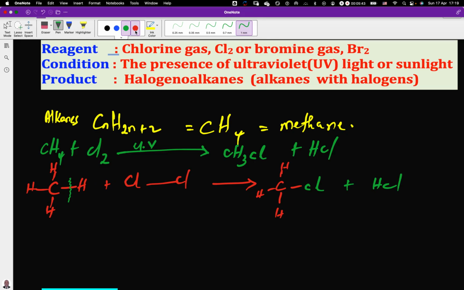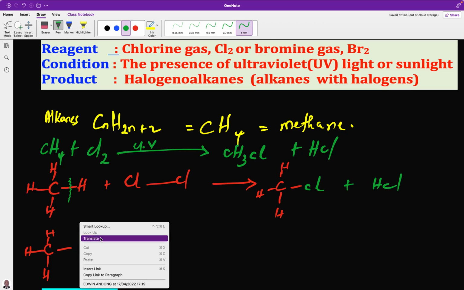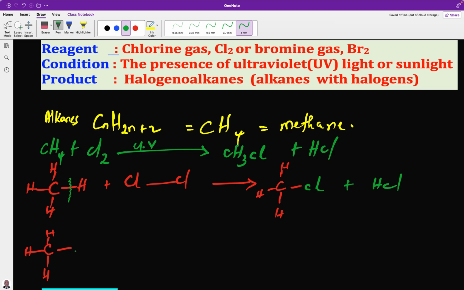What happens there is this: the chloromethane goes again here, and you will see how it's a continuous substitution reaction.